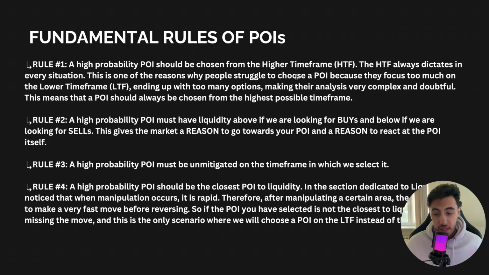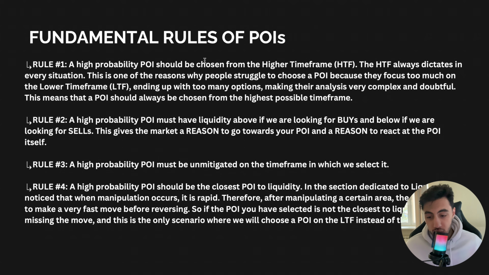This is one of the reasons why people struggle to choose a POI: they focus too much on the lower time frame, ending up with too many options. As I told you, if we go to the higher time frame, we have one big area as our POI. So we know price is going to react from this level.